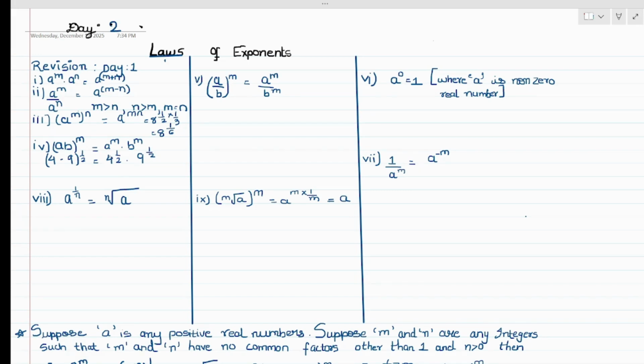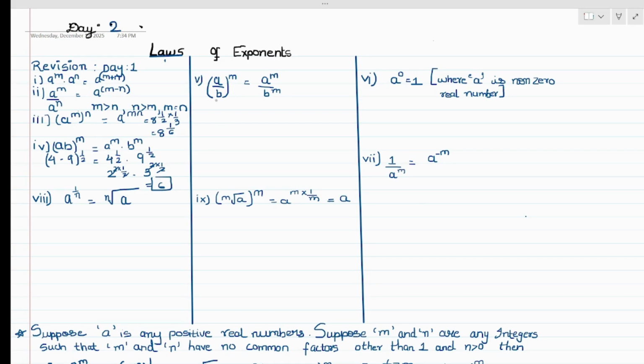When you solve that, 4 is the square of 2, that means 2 raised to 2 times 1 by 2, and 9 is the square of 3, so 3 raised to 2 times 1 by 2. The 2s get cancelled, so I got my answer as 2 times 3, which gives me 6. This we already studied in the last class.